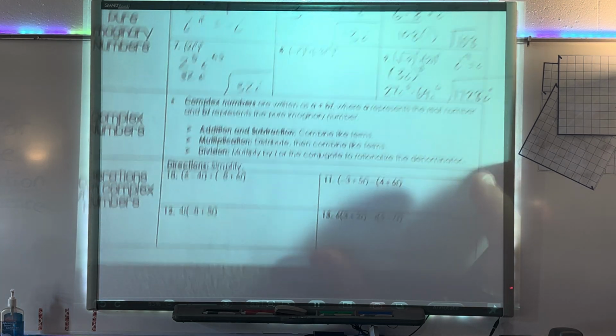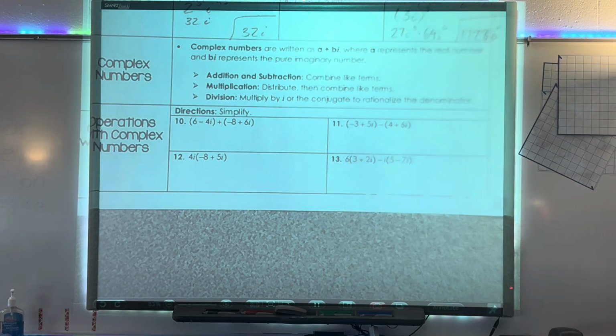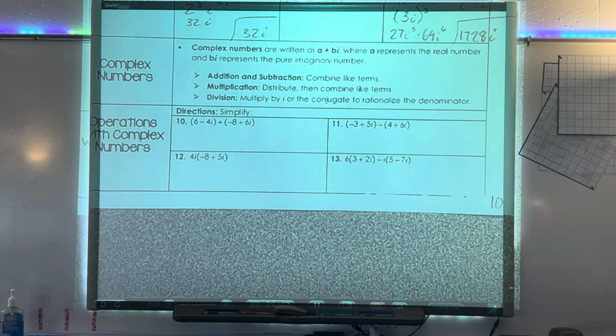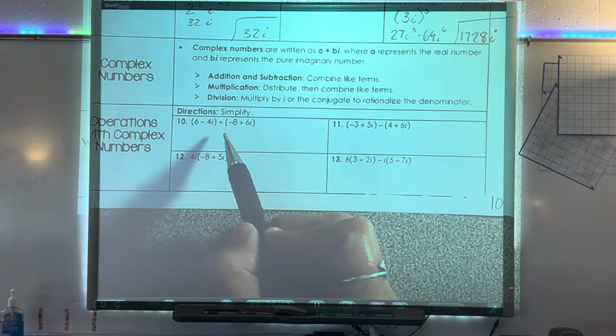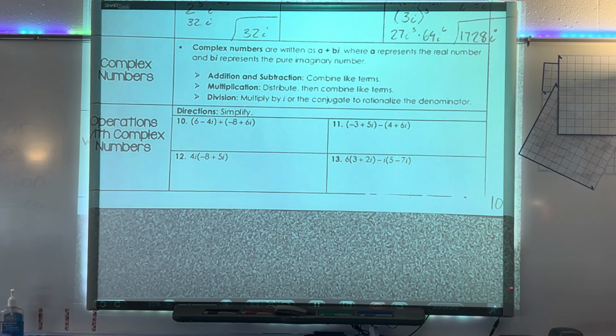Alright, so now we have the complex. Complex is when we have an imaginary and then a normal number or a regular number, okay? We're still going to be using our rules. These are just additions, so this is just combining like terms. When you're combining like terms, we treat i like any other variable, like we treat x. Y'all okay there?